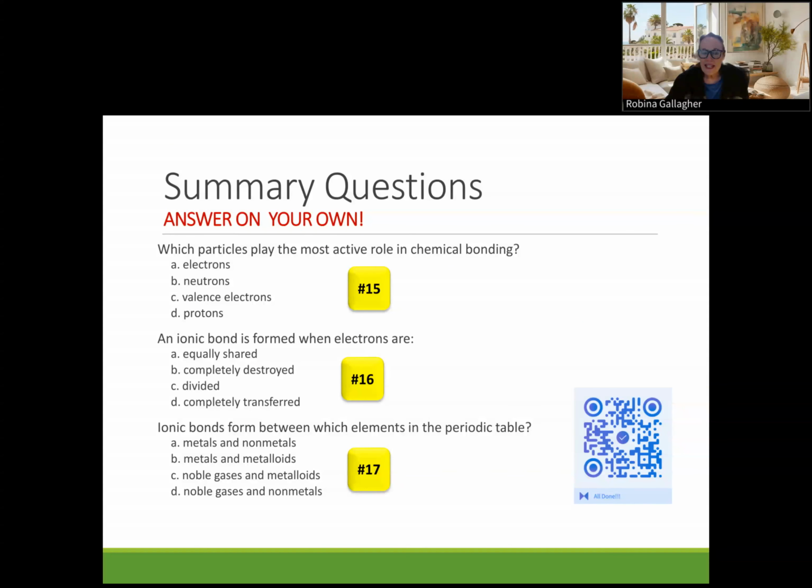Okay, that brings us to our last questions, and hopefully you will be able to answer these 3 questions on your own. First question, which particles play the most active role in chemical bonding? Remember the dot diagrams, right?